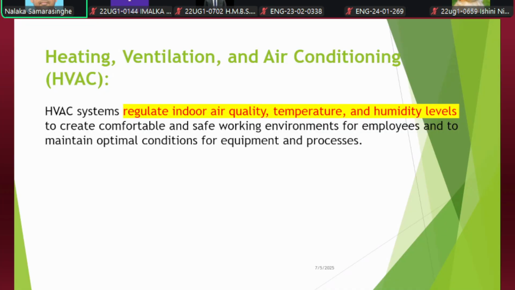So the air conditioning systems provide a conducive environment for the occupants as well as machinery, the processes and equipment. Okay? So therefore, this is considered another essential utility in an organization.